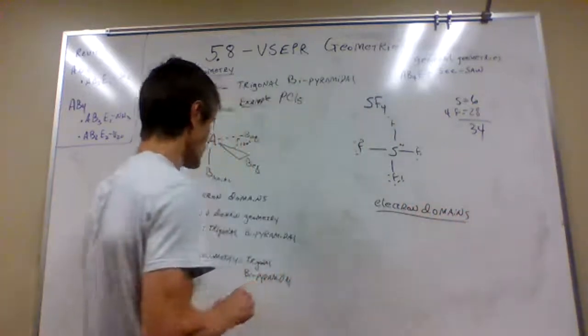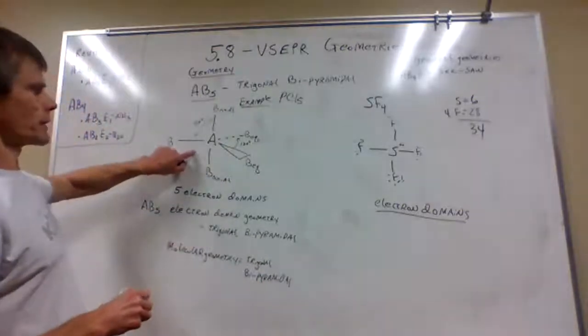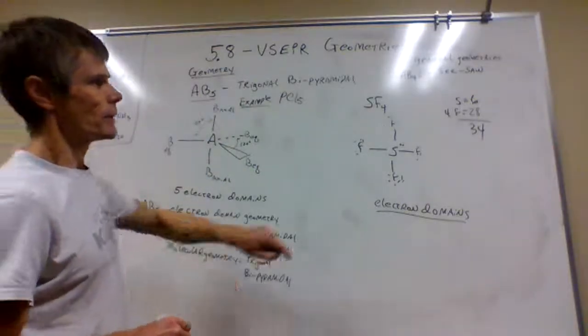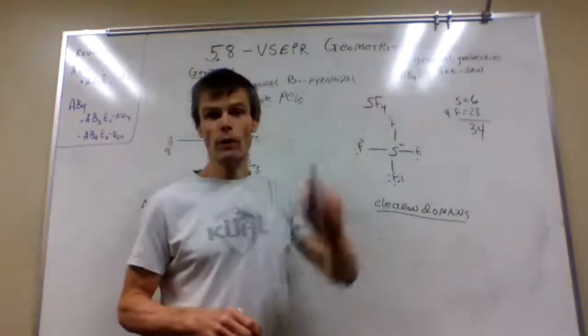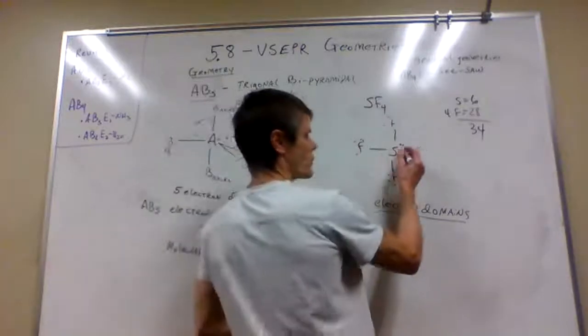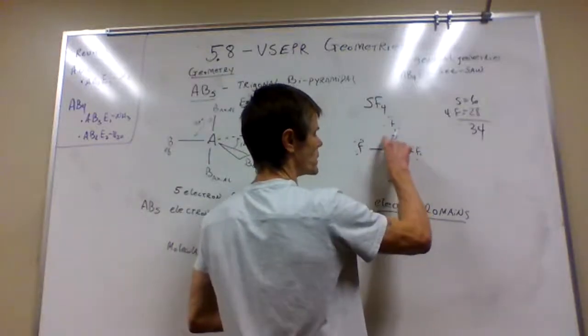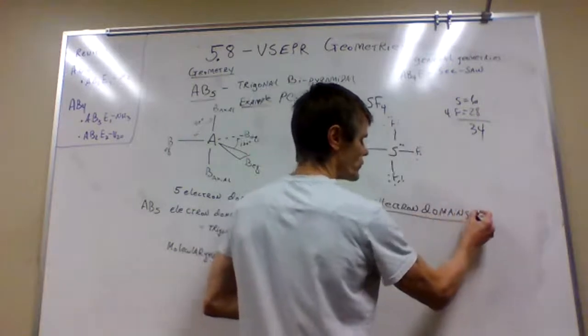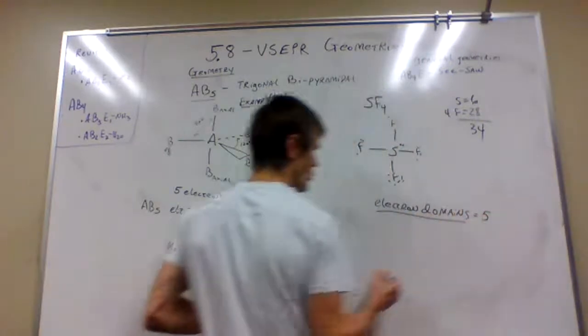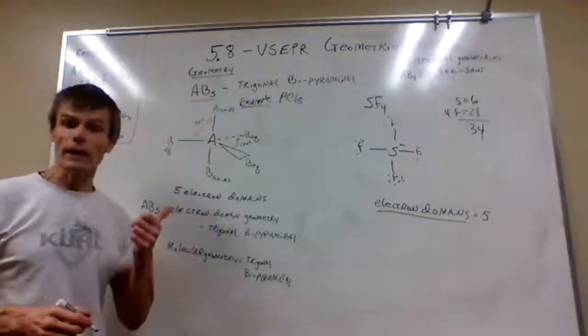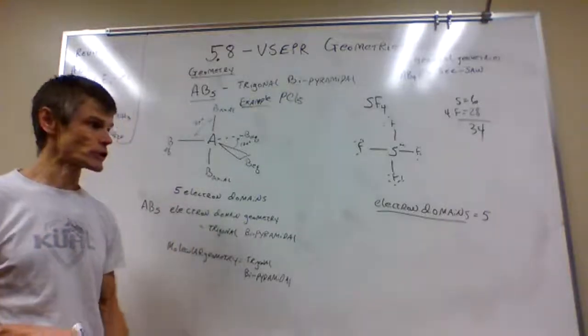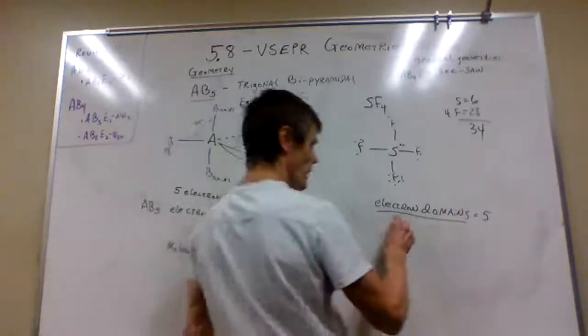How many electron domains? Well, just like we showed here for AB5, if we have an AB4E1, we still have around the central atom 1, 2, 3, 4, we still have 5 electron domains. And the electron domain geometry is trigonal bipyramidal.